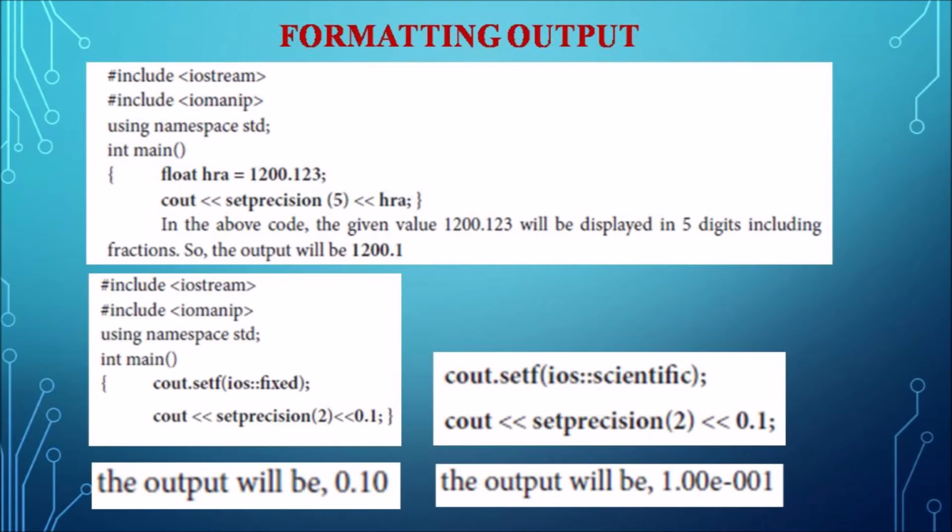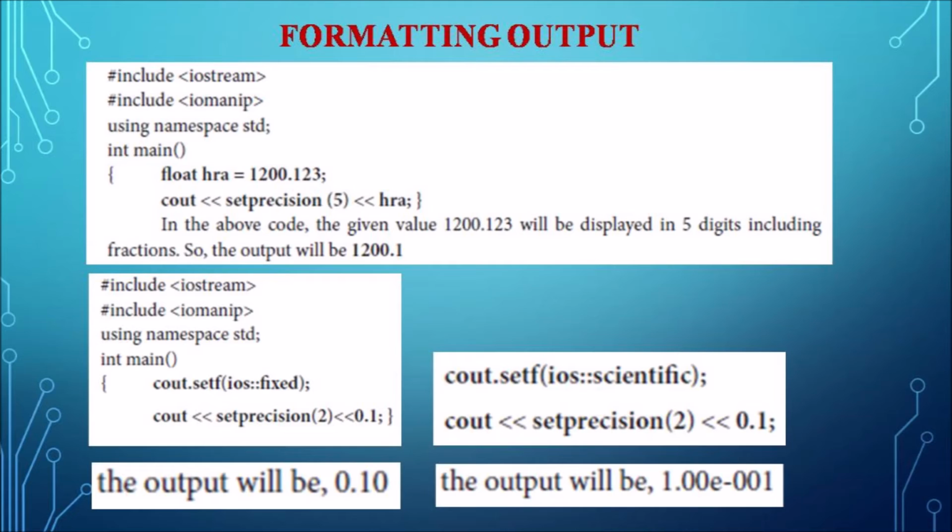In the main function the value HRA is declared in the float data type, that is 1200.123. Now you see in the output, in cout they have given setprecision 5 and they are going to print the HRA. The given value 1200.123 will be displayed in 5 digits including the decimal point.